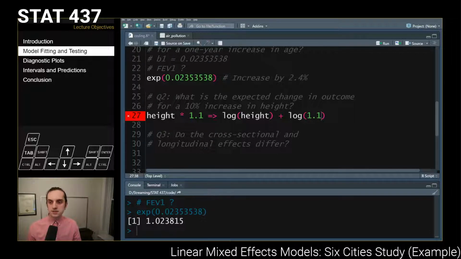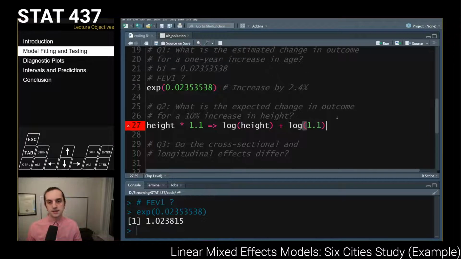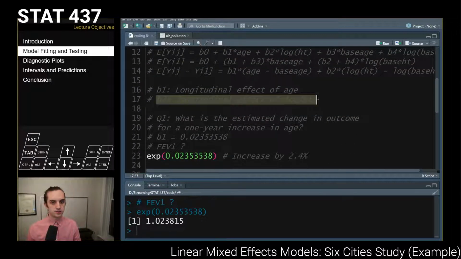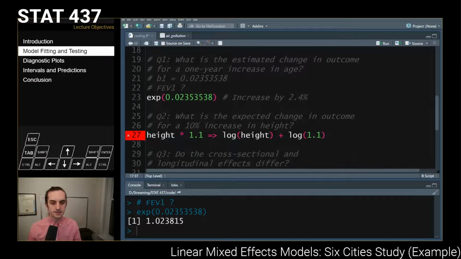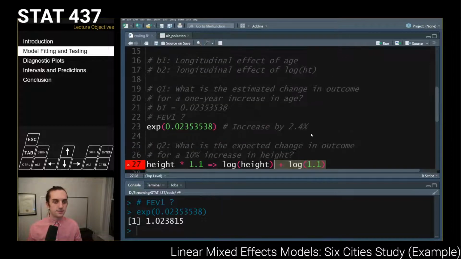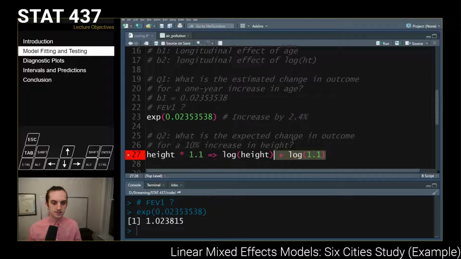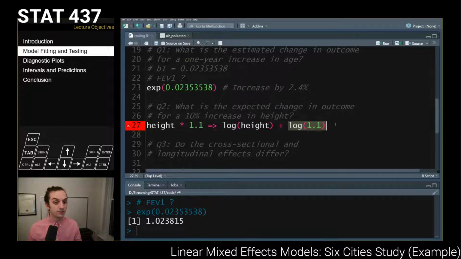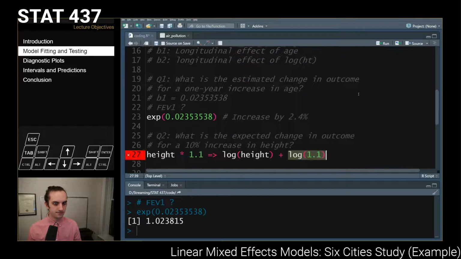And so if beta 2 was the longitudinal effect of the log height, then a 10% increase in height is the same thing as saying log height increases by log of 1.1 over the baseline height.